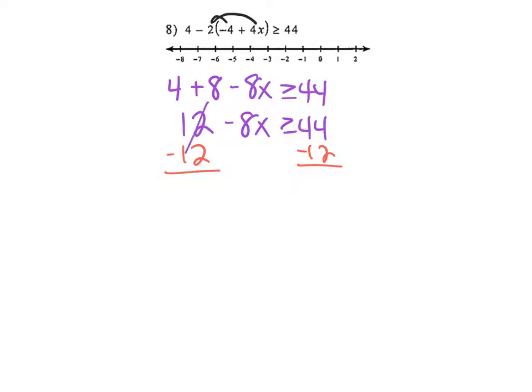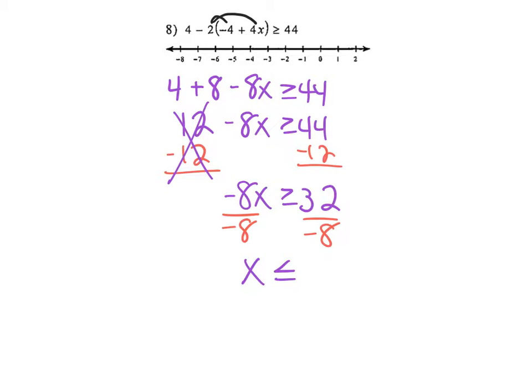So now, there's still a negative in front of the 8x, by the way. Well, hold on real quick. 32. Okay, now. What color is this going to be? Red? Divide by negative. No one's going to do it? Someone just did it.